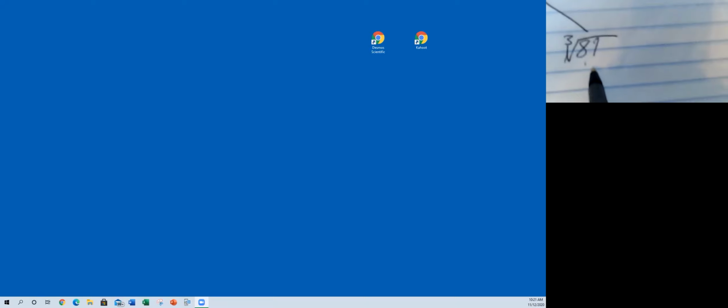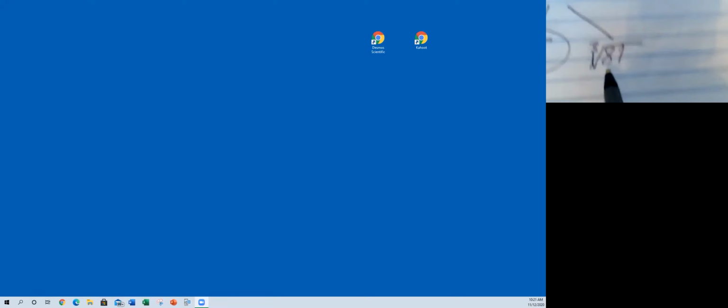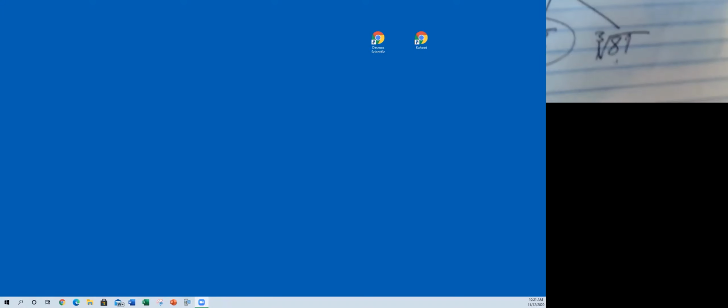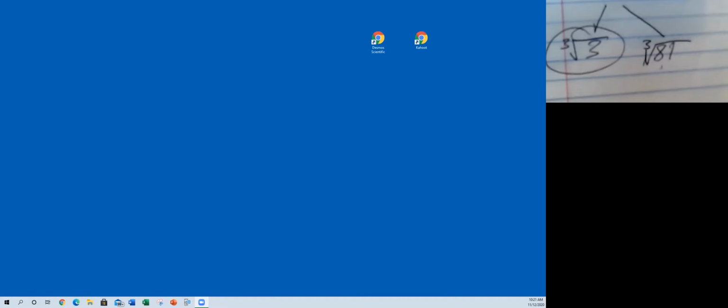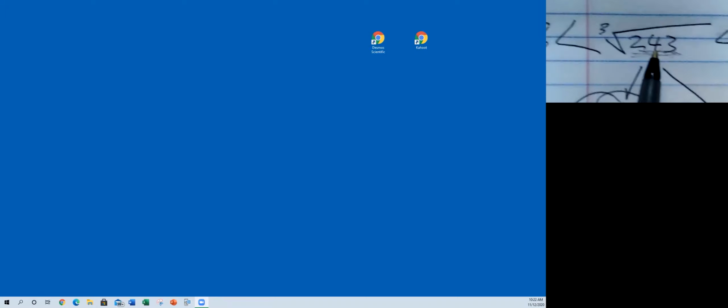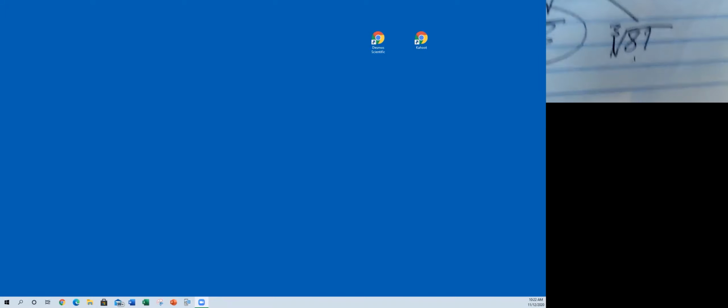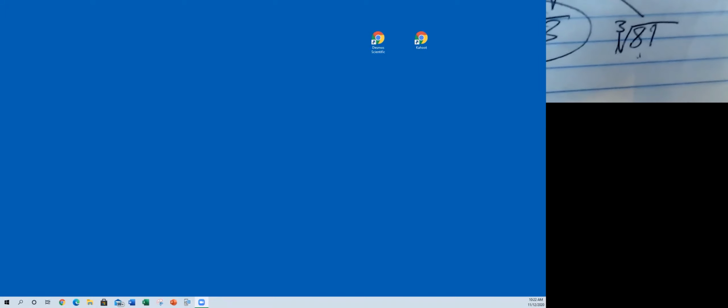Look how much smaller it's gotten. Cube root of 81 is all I have to worry about now. Wait, let me look. I can't see it. Cube root of 3, cube root of 81. So I've already taken this number and chopped it down to a much smaller number to deal with.